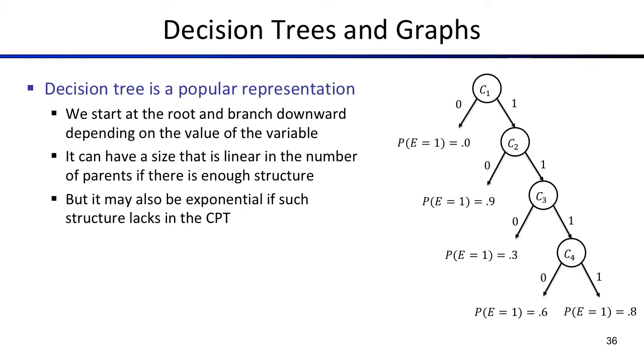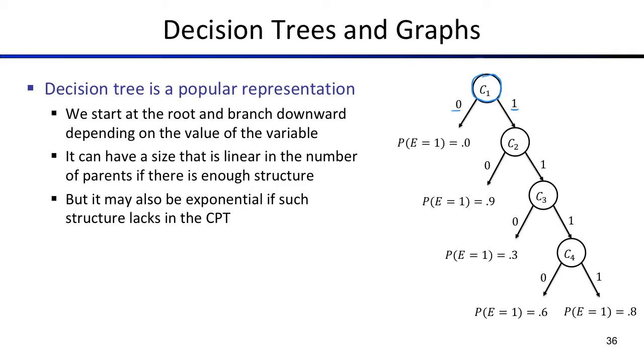In each test we look at a different node and branch the tree, and we expect that by dividing the space we will be able to isolate the cases of certain values of probabilities and use this as a model. In this case, C1 is our first test, and it can have two different values.